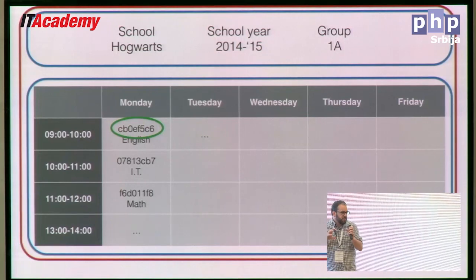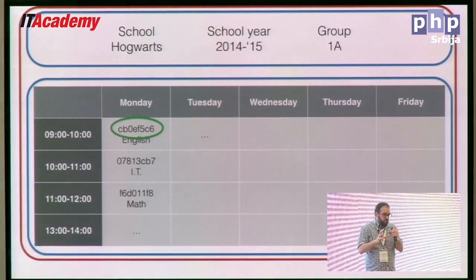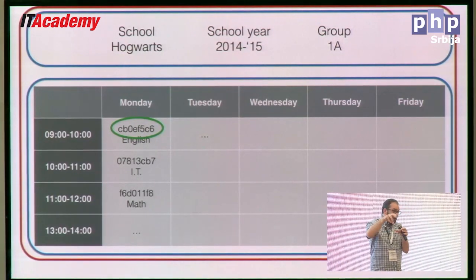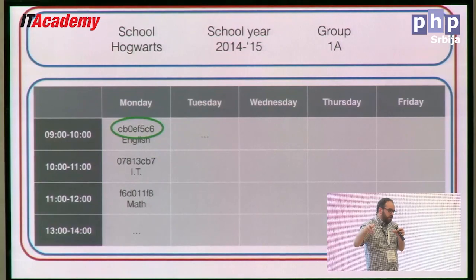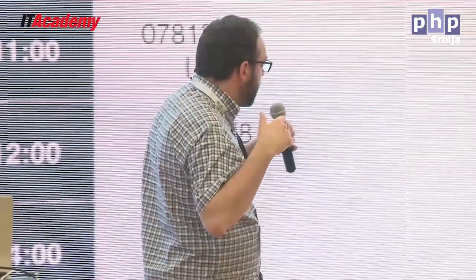So if you start to think about it, we're not really changing the schedule. We're not changing things the way they are today. We are planning a change in the future. So the current schedule is still applicable, and the next schedule will become applicable at a certain point in the future, November 1st, for example.